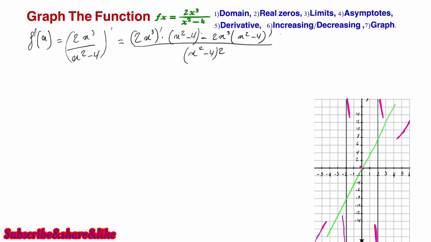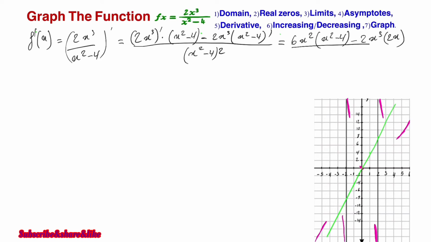So what we're going to get in this case is 6x squared times x squared minus 4 minus 2x to the third times 2x over x squared minus 4 squared.